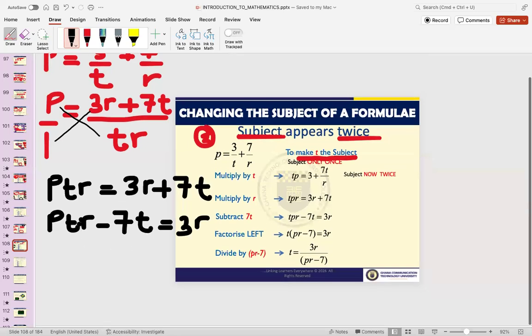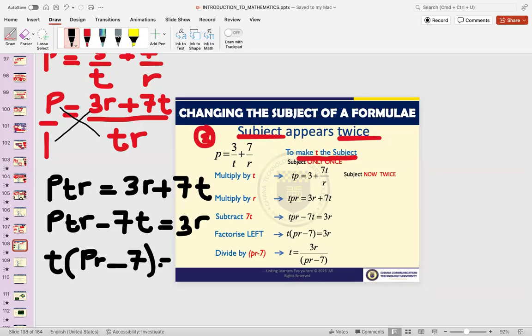Then we look for the common terms. I have T here, I have T here. So you pull T out. When you pull T out, what are you left with here? You have PR. You bring your minus sign. When you pull T here, you have 7 left. It's equal to 3R.